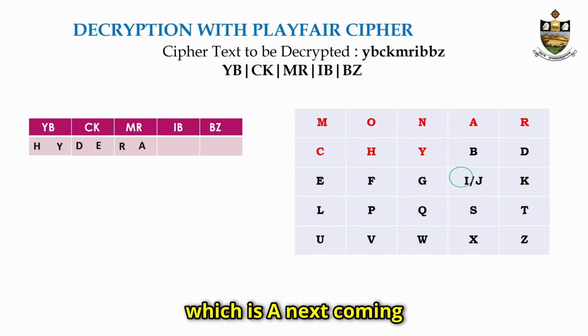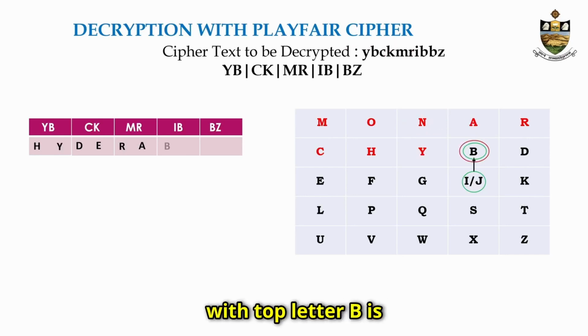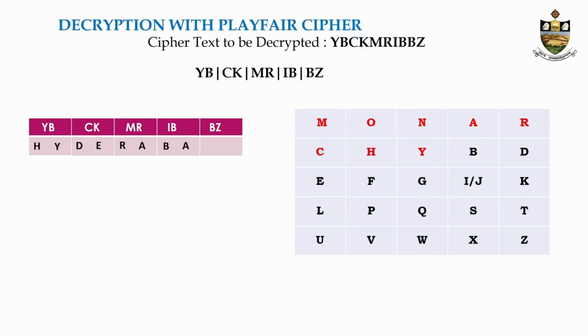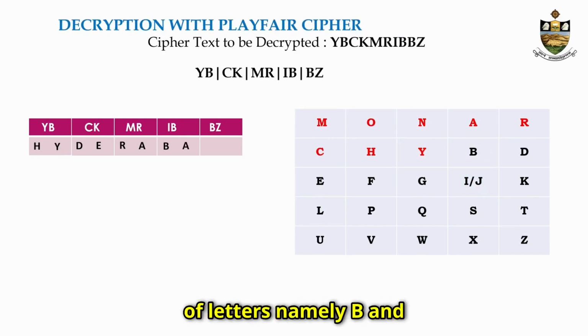Next, coming to the pair IB, I and B are in the same column. So, I will be replaced with the top letter. B is replaced with the next top letter, which is A. Coming to the last pair of letters, B and Z, to be decrypted: B is in the second row and fourth column, whereas Z is in the fifth row, fifth column.